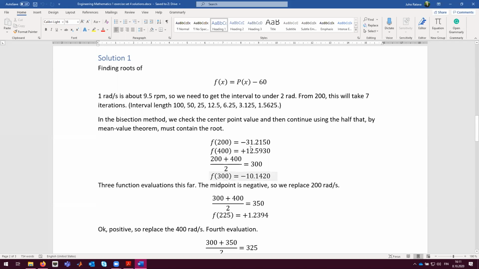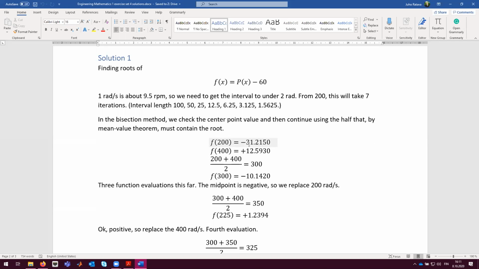That was negative, so we do note in this case, our function is such that it's a monotonically increasing function. So that way, the right value is the negative one, and the left value is the positive one.